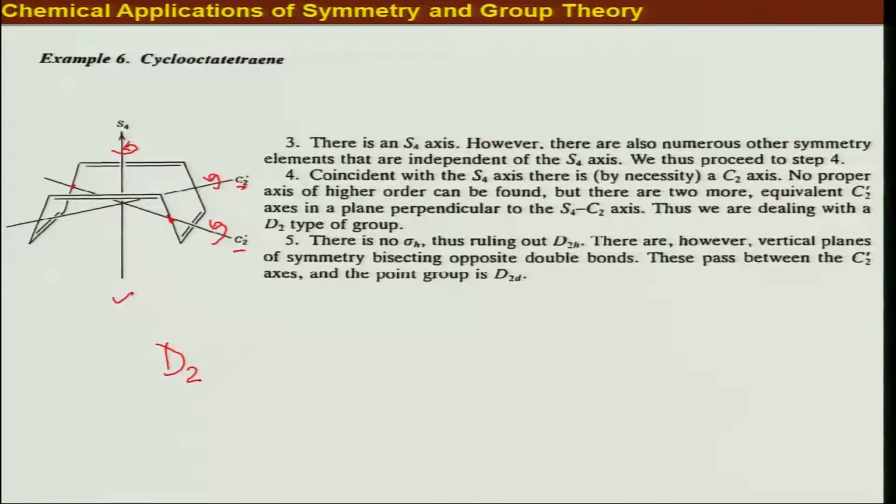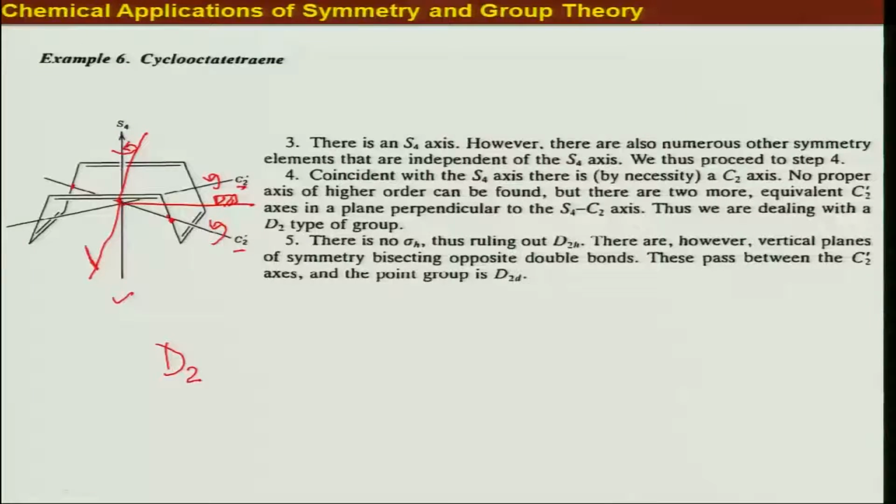Or you can say that it can also bisect the angle created by two C2 prime axes. So, I can have a plane. If I draw the plane symbol like this, one plane will be here and another plane will be on this plane.